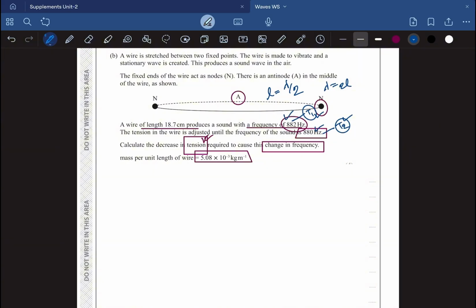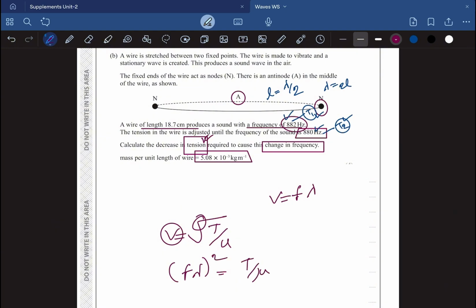Now we can derive the formula as we can write V is equal to root over tension divided by mass per unit length, right? Now this V also has a formula, V is equal to f lambda. So we can write f lambda, and we can take this root over into the other side, which will become f lambda squared is equal to T divided by mu, right?